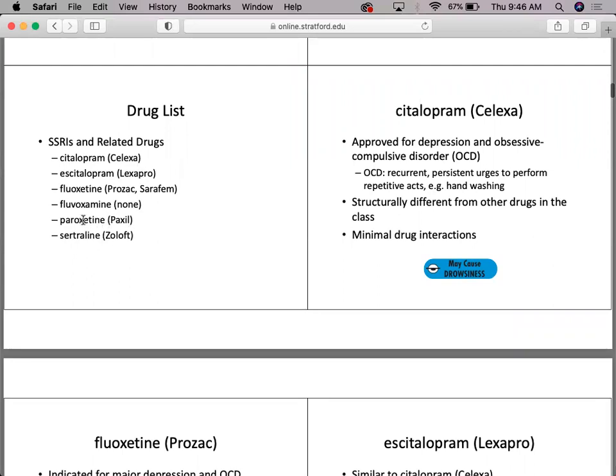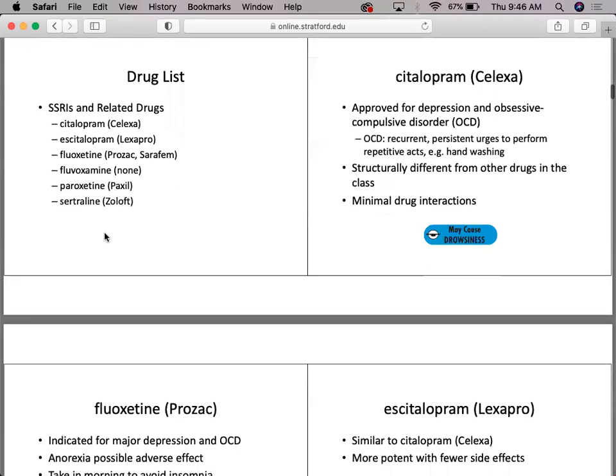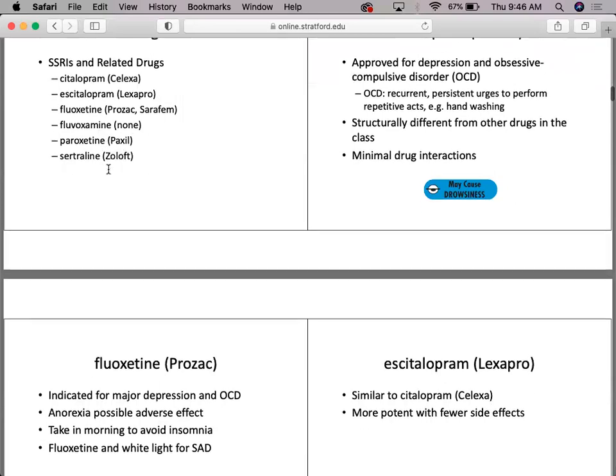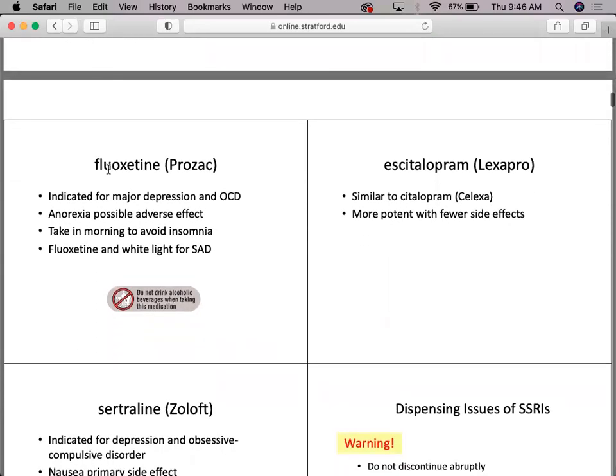Know the generic, which is paroxetine, the lowercase letters, and the proprietary name, which is in parentheses and has the capital, because you'll see these drugs all over the place.